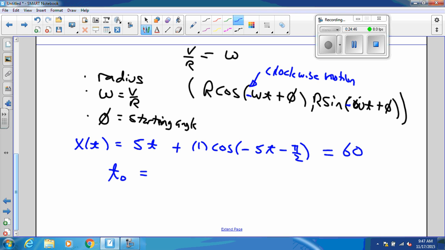Physically, pretend that the wheel is just staying in one spot, only moving back and forth a little bit. That being the case, the red dot is basically going to cross the line when the robot does, which is going to be the linear motion of 5t. So if I set 5t equals 60, then I get t equals 12 as a good starting guess. And then I can iterate from there.